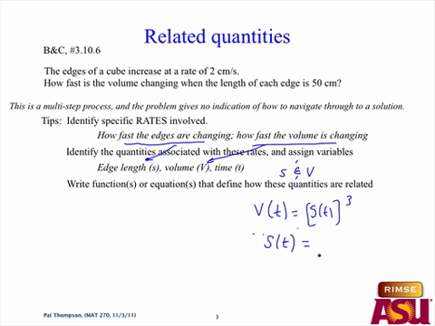Yeah, Ben. 50 plus 2t. No, that's not the side length. 50 plus 2t. That would be if t started when it was 50. That's true. So if t was 0 when we started at 50 centimeters, that would be true. But that's not the way we want to set it up.